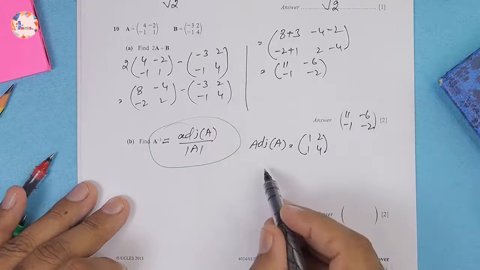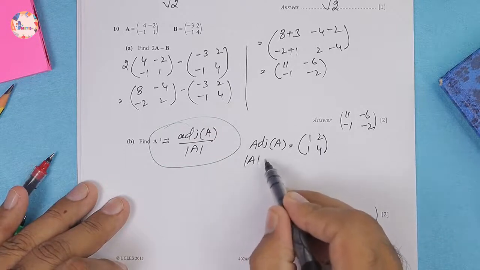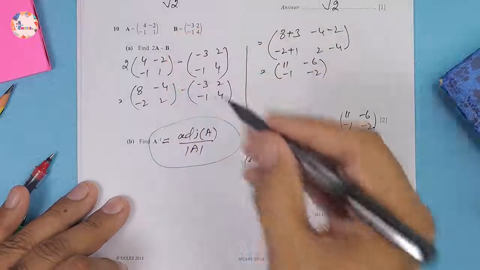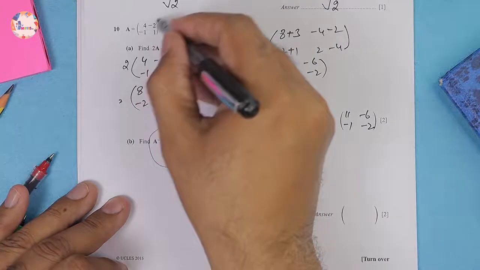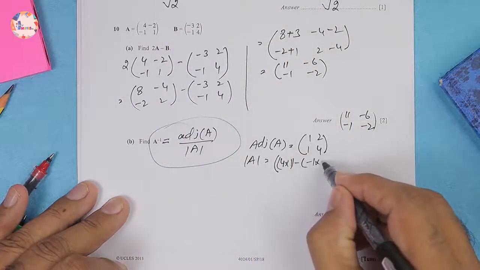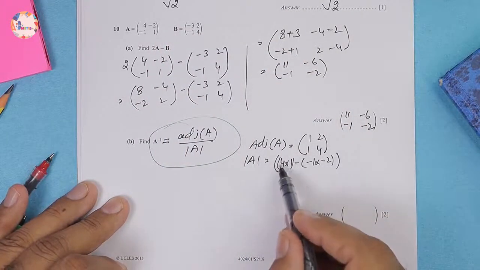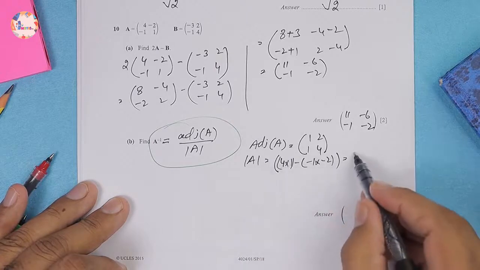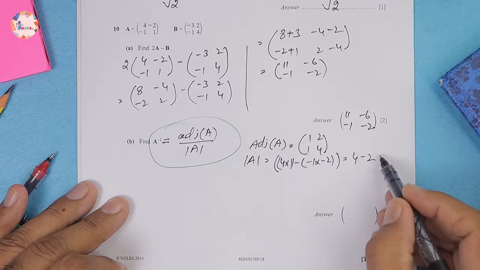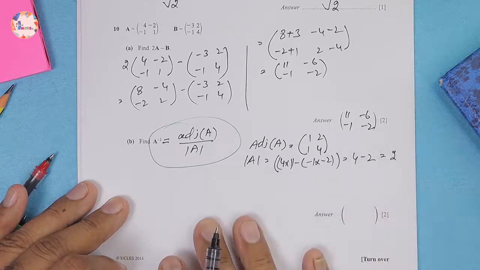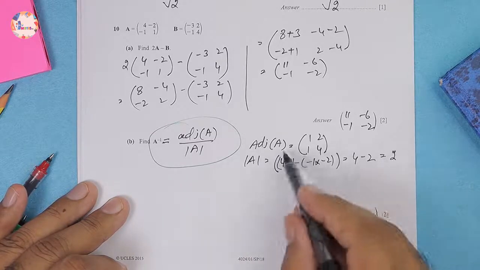This will be adjoint of A, and mod A will be equal to 4 multiplied by 1, minus minus 1 into minus 2, which is 4 minus 2, and this will be equal to 2.